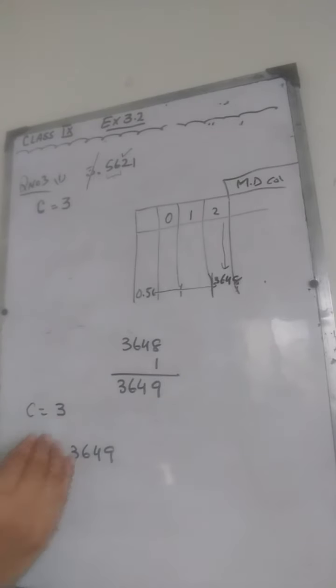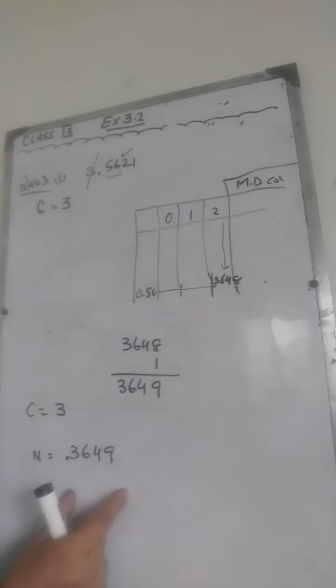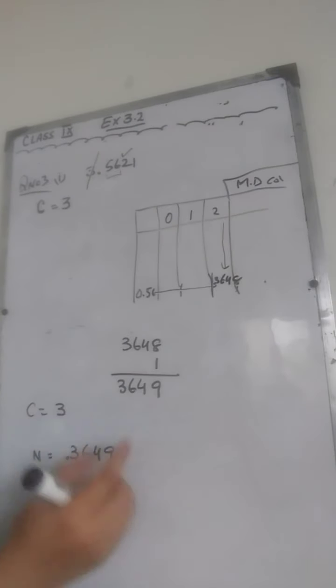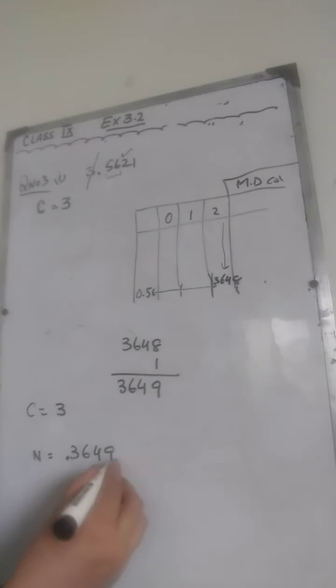Because if you remember, in logarithm we had done that if the digits before the decimal point were 5, then the characteristic was 4. If the digits were 4, then the characteristic was 3. If the characteristic is 3, then the decimal point must be after 4 digits.